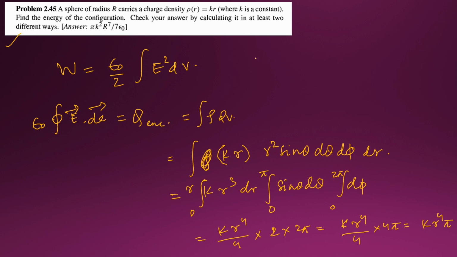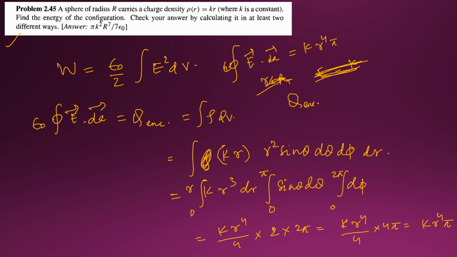Electric field is what? Epsilon naught E dot dA is equal to Q enclosed. For inside points, for r less than R, what will be the electric field? Anyway, wait. Q enclosed for r less than R will be k r fourth pi.